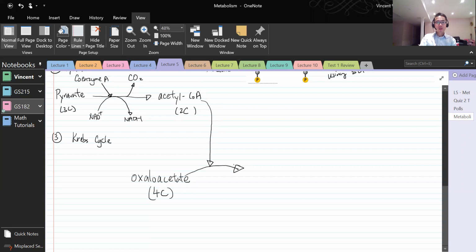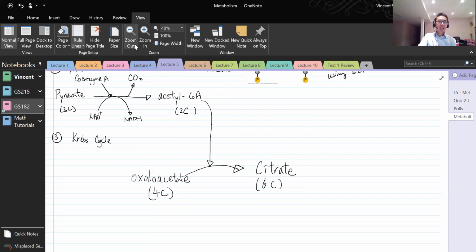So when you take the acetyl-CoA and the oxaloacetate and you combine it, you're going to end up with 6 carbon. So this 6 carbon molecule is citrate, which is why the Krebs cycle is also called the citric acid cycle.